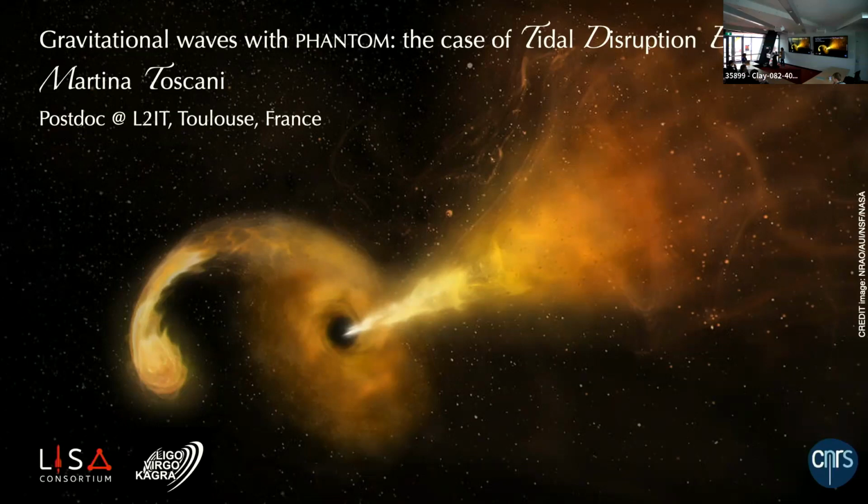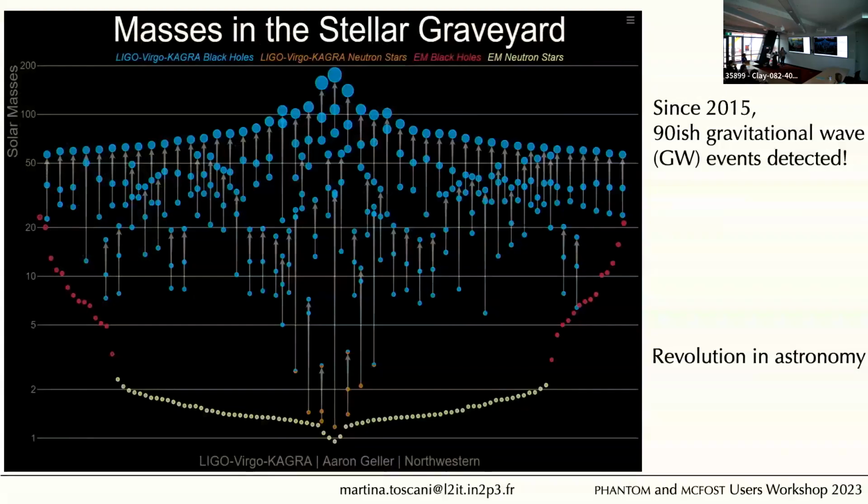So let me start with an overview about gravitational wave astronomy because I'm not sure how familiar you are with this topic, and also because I think it's kind of fascinating starting from the beginning. So in 2015, and actually the announcement was the year later, there was the first direct detection of gravitational waves.